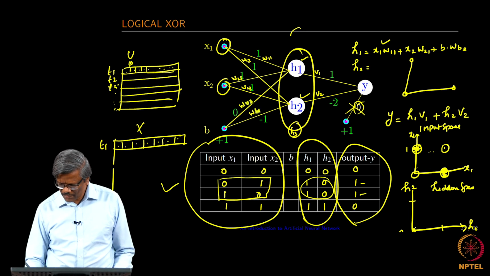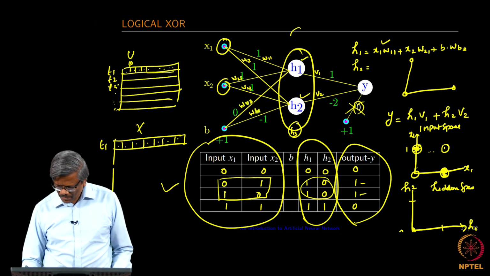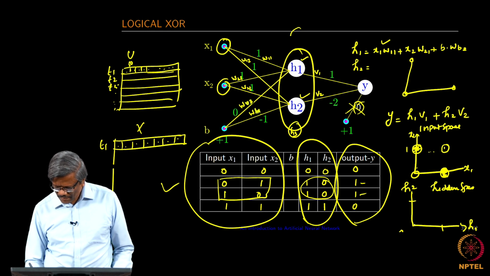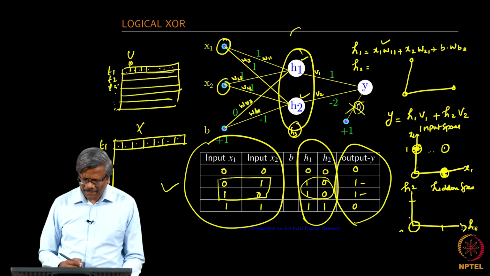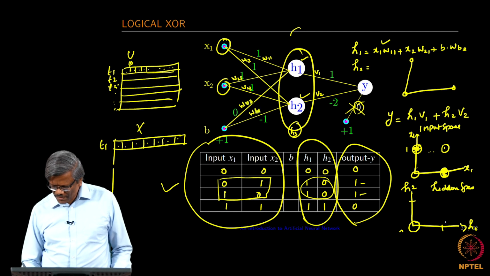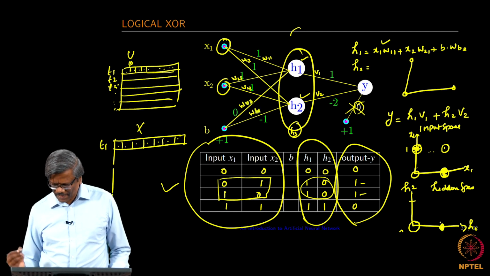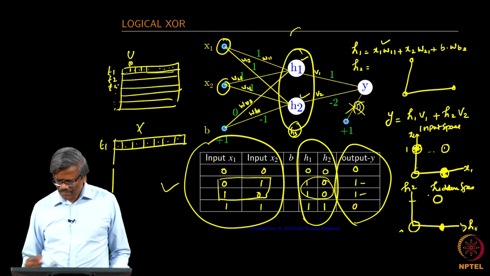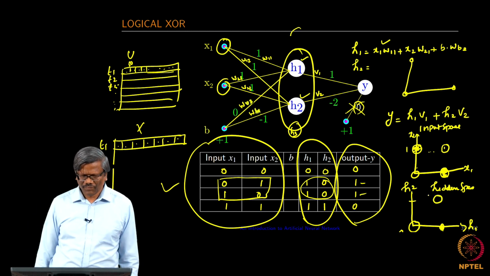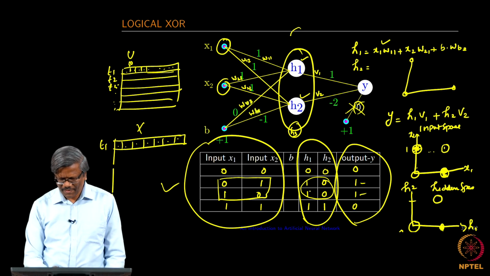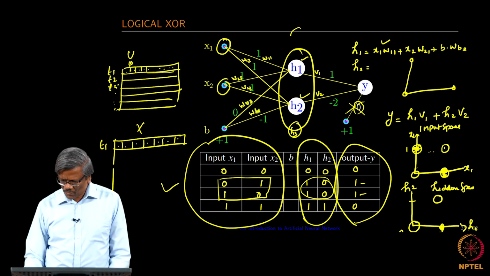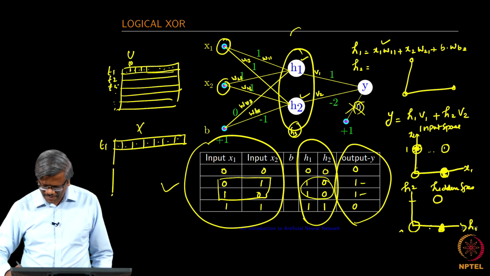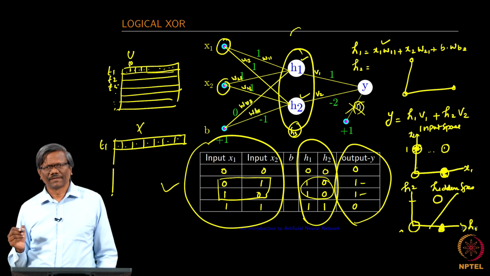We have a 0, 1 0 is like this, and then 1 1 is this way, correct. So, we have one value here. So, it is easy for you to now separate these two out in this space, correct.